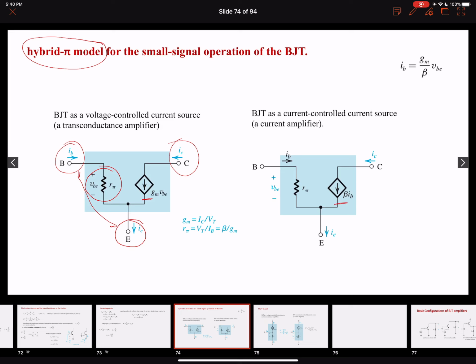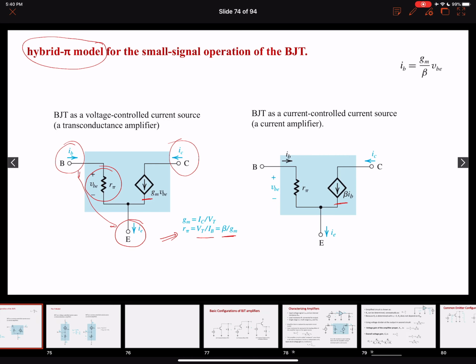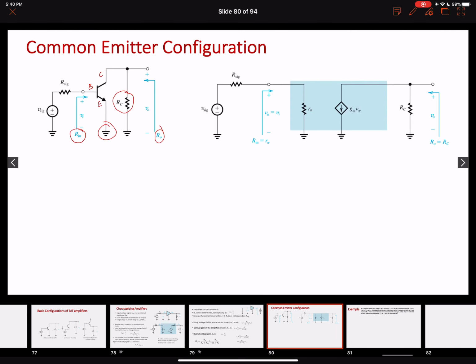You can also convert that into a voltage controlled current source or a current controlled current source, depending on the values that we want to use. And we also know this value of R pi, the resistance between the base and the emitter terminals, which equals Vt over Ib, and beta over Gm. Okay, so let's go back to our emitter configuration again.